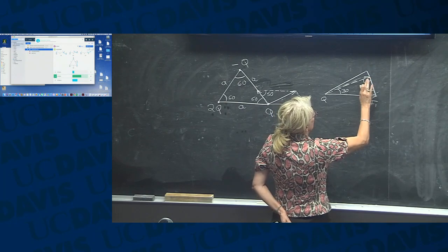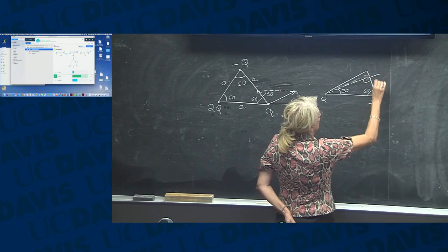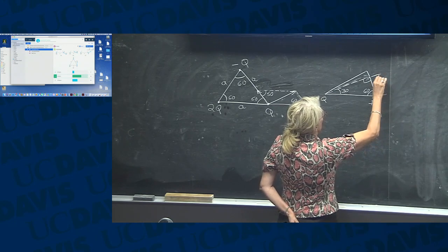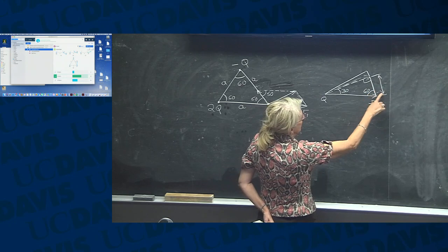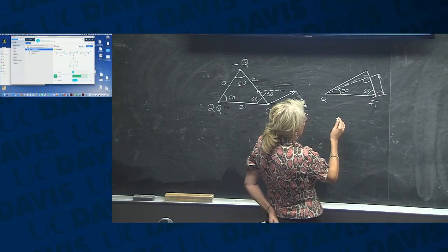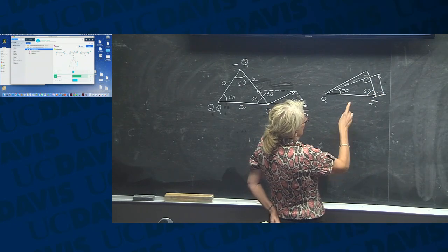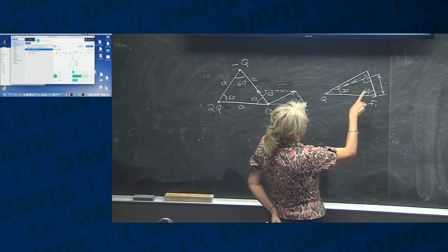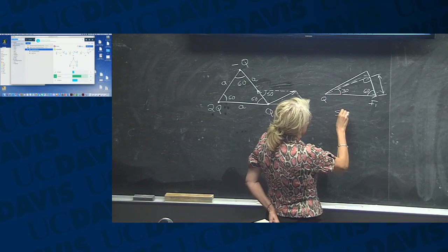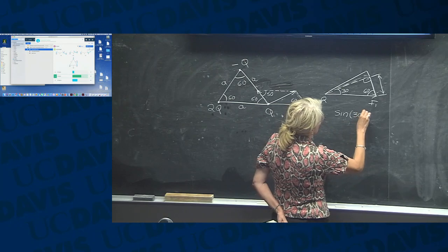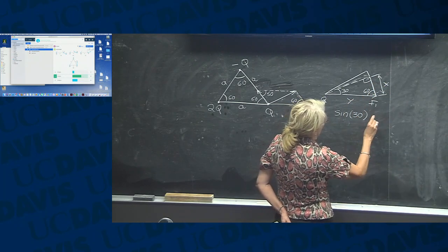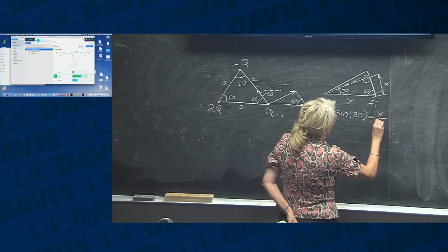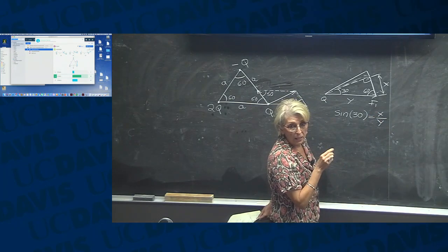If this is 30 degrees, then we need to calculate this distance compared to this one. How much is going to be the sine of 30 degrees, which is this distance x divided by this distance y? How much is the sine of 30 degrees? Half.